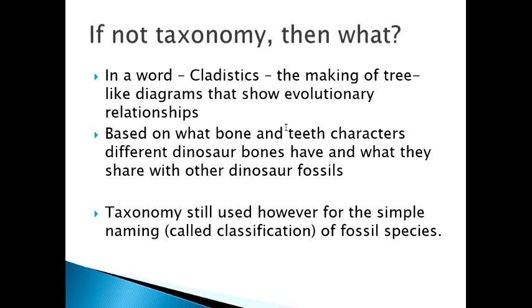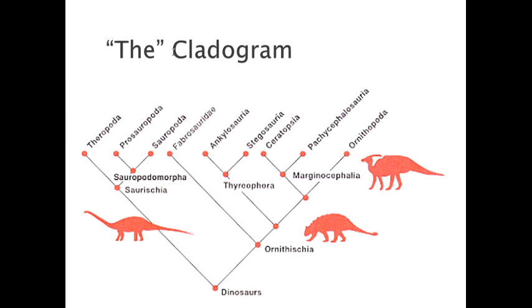We recognize taxonomy for naming things. We recognize that it has an evolutionary significance, but it has been replaced largely today by this science that's called cladistics. And the cladistic science produces diagrams that we call cladograms.